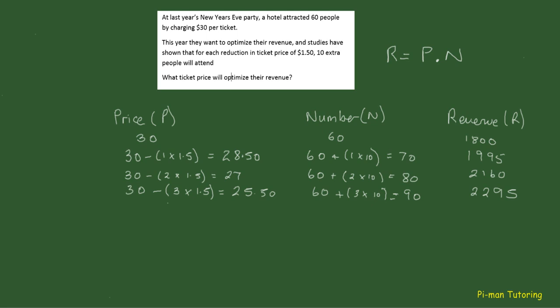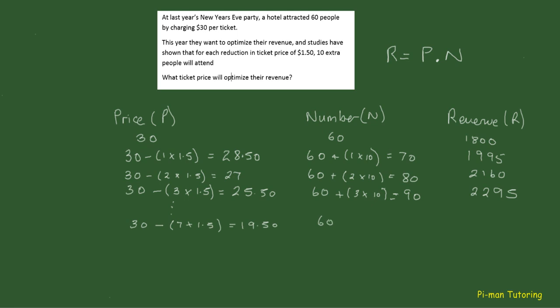And if you continue with this pattern, I won't fill in the whole table, you will find that once you get up to 7 reductions in the cost of the ticket, your ticket is now at $19.50.